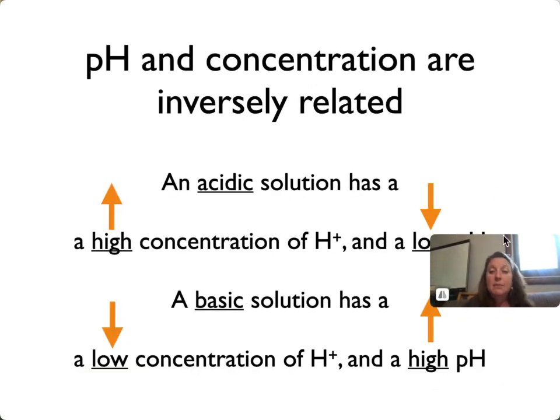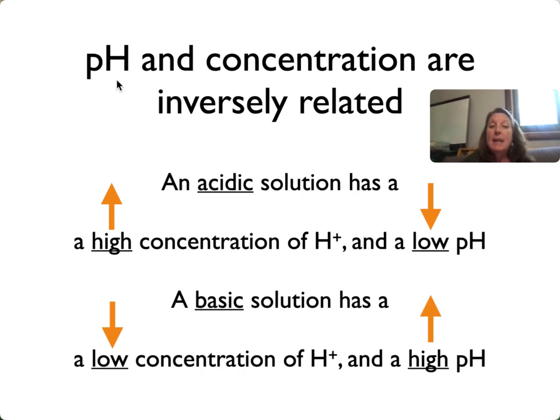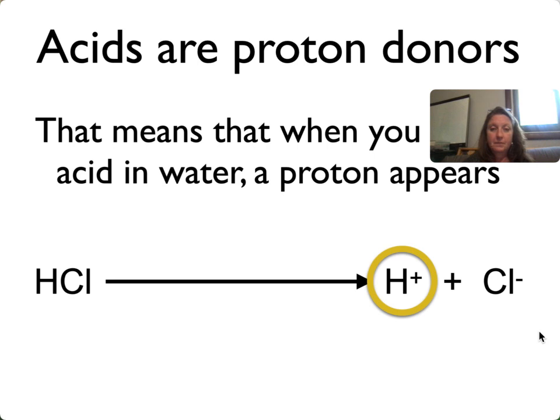So, it's important to remember that pH and proton concentration are inversely related. That means they're opposites. So, an acidic solution has a high concentration of protons and a low pH. A basic solution has a low concentration of protons and a high pH.